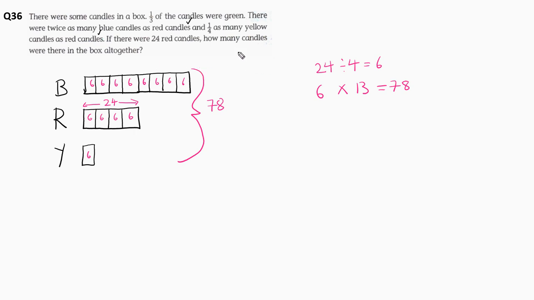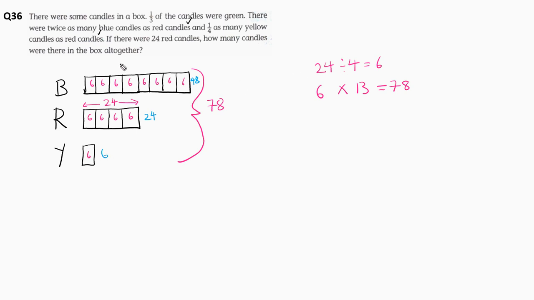How else could I have done it? I've got 6 yellow candles, I've got 24 red candles, and I've got twice the number of blue candles, so that's 48. I also could have decided to add those together to work out how many that was.